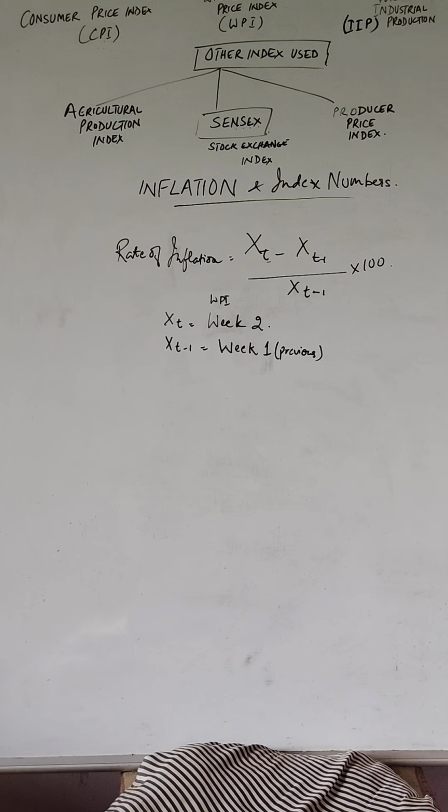That there will be a 10% decrease in purchasing power of the people. So the purchasing power of the people gets eroded if there is inflation in the economy, with their money income remaining the same. Of course, if your money income also increases, then it is not such a bad situation.